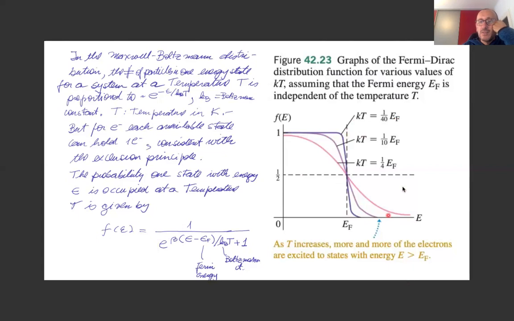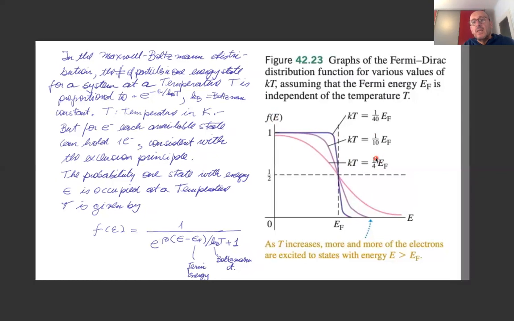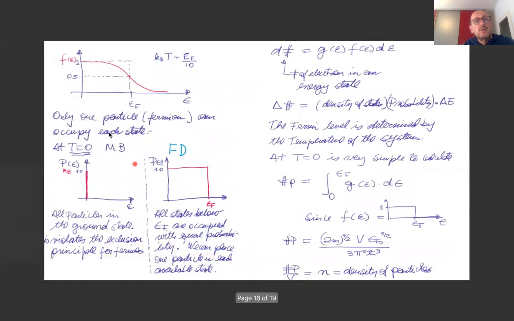So those are the extreme values that this could have, and this is the way it changes. This cannot go all the way to large numbers here. Even if the temperature is very low, you can occupy all the states evenly below this value of energy. Again, this is the Fermi distribution for this particular value here.